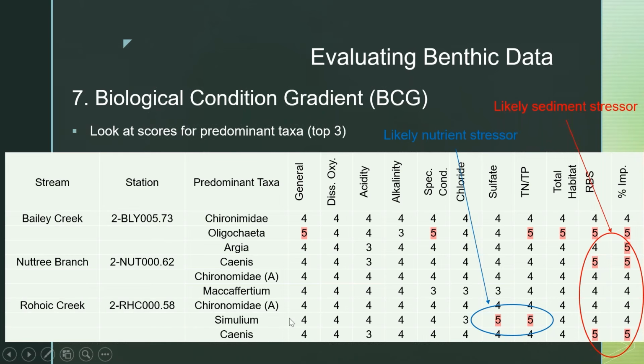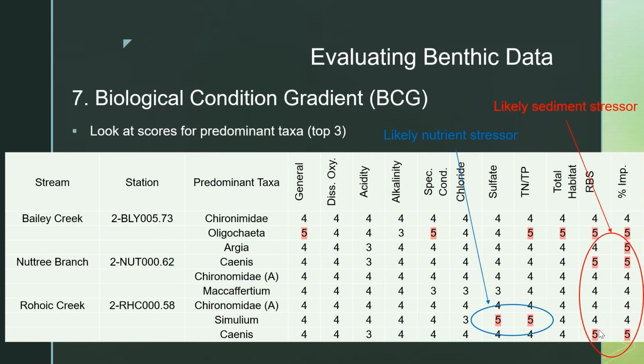We see that they are highly prevalent in this particular stream, and the biological condition gradient tells us that they're going to be in high numbers in places where there's nutrients as a stress and maybe sulfate as a stress. So this might tell us something about what some of the primary stressors are in that particular stream.